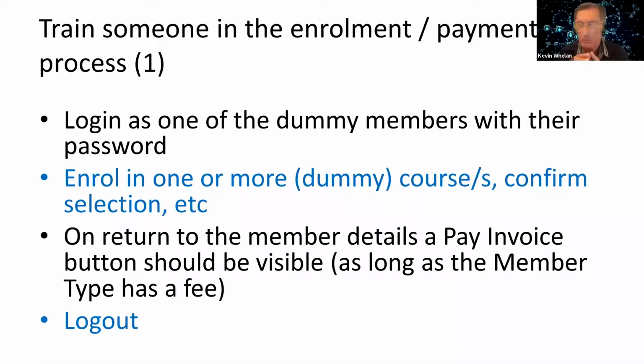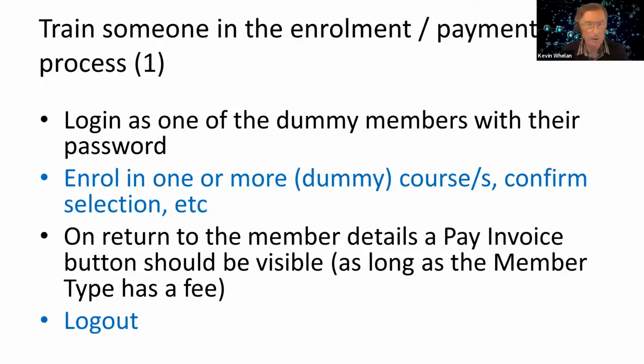Okay, so let's say now we want to be able to show somebody, a new person who's coming on, how the enrolment and the payment process works. So give that person whatever access they need, and it'll probably be at level 1, unless they're the treasurer only.